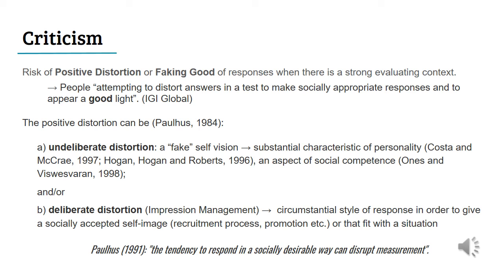The first one is the undeliberate one, which means that it's a kind of unconscious way of faking good, because you maybe don't know yourself correctly. You think that you are maybe better in some factors like openness, so you give wrong answers without knowing that they're wrong, or because you don't understand the items and it comes from a lack of knowledge.